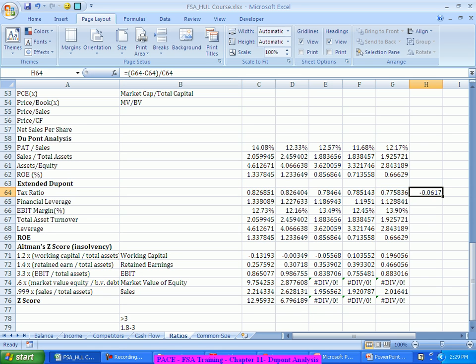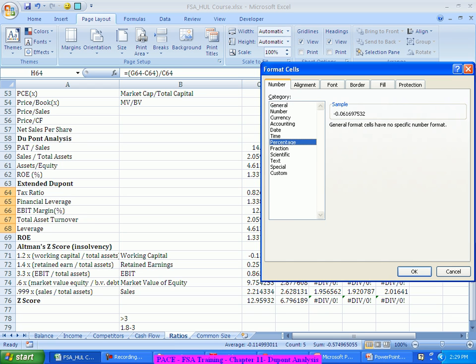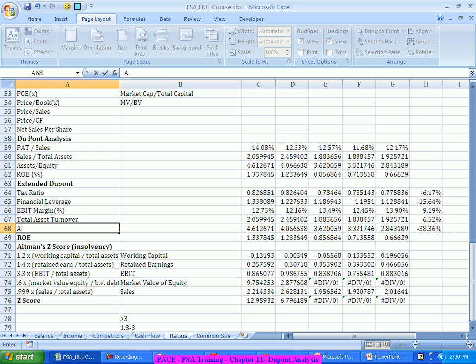So this one has dropped by 6%. This has dropped by 38%. The assets to equity ratio has dropped by 38%.